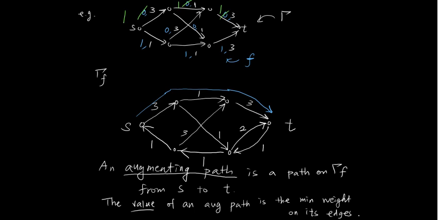So in this case, 1 is the minimum value, and so the value is 1, the minimum weight on this path. So the value is equal to 1. And later on, we are just going to increase the flow by 1.